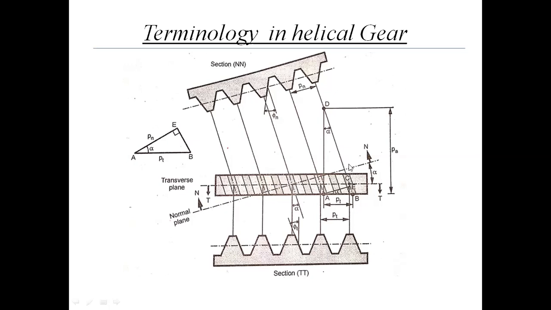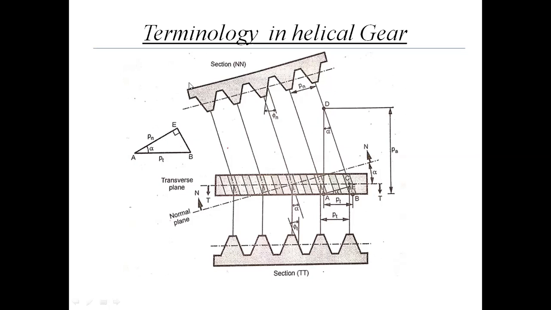The plane perpendicular to the teeth is the normal plane, and when the gear is cut along the normal plane, you can see this section here, section NN. When the gear is cut along the normal plane, normal to the teeth, it is section NN.